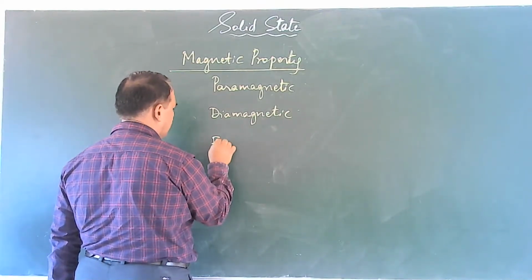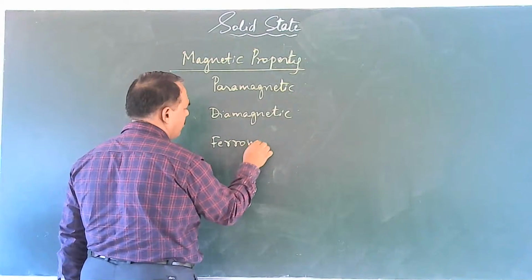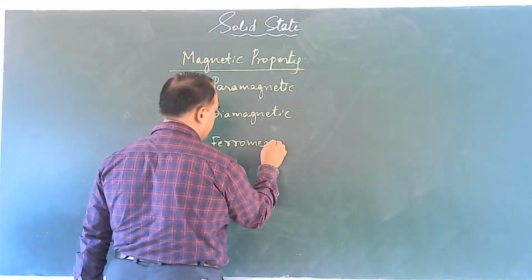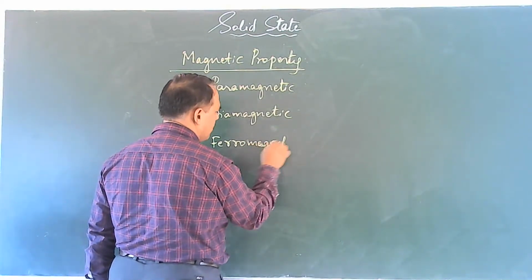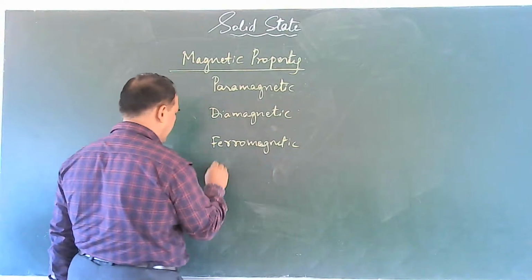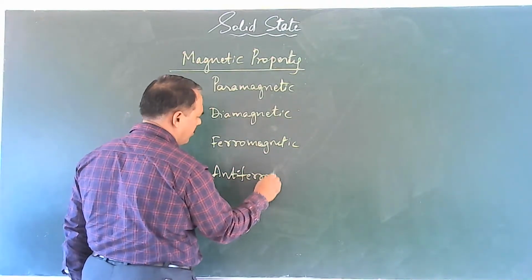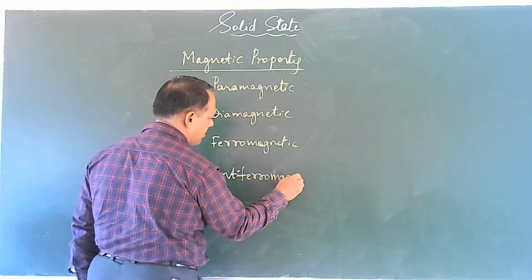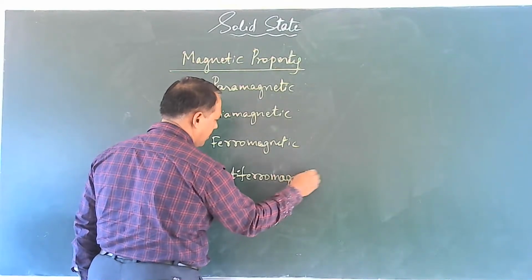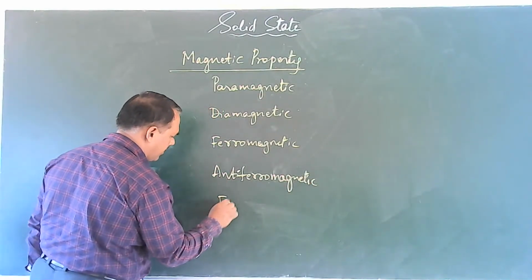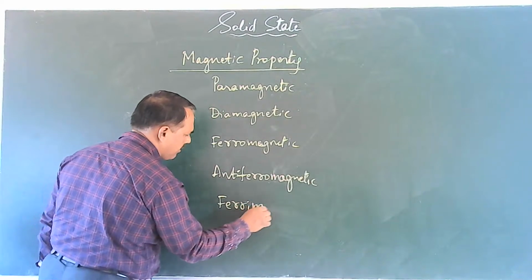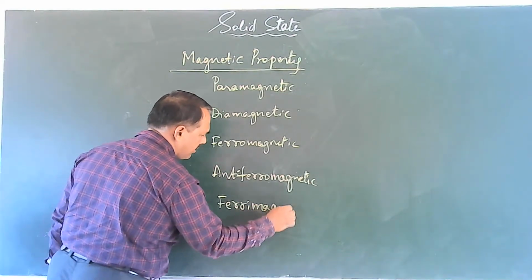Then ferromagnetic, antiferromagnetic, and the last one is ferrimagnetic.